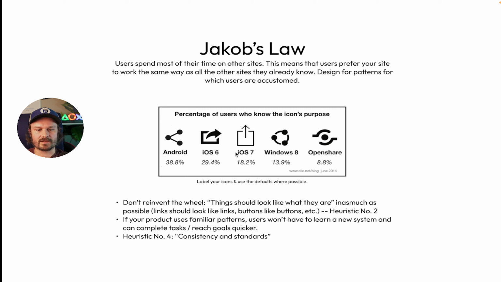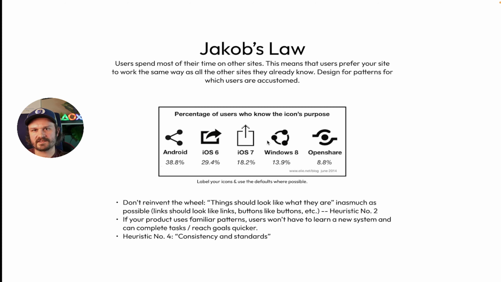And it also ties into heuristic 4, which is consistency and standards, which is Jacob's Law and heuristic number 4, as put forth by the Nielsen Norman Group. They revolve very closely together in design thinking. When you're thinking about consistency, there are 2 types of consistency that you need to keep in mind.